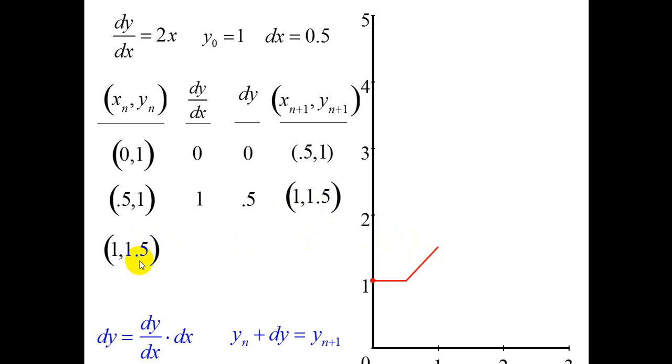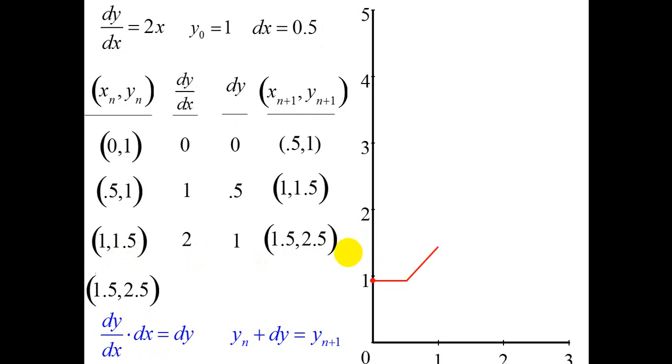Next, x3 is 1.5 and y3 is 2.5. When x equals 2, y equals 4.